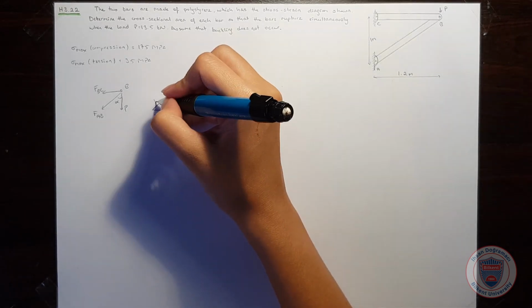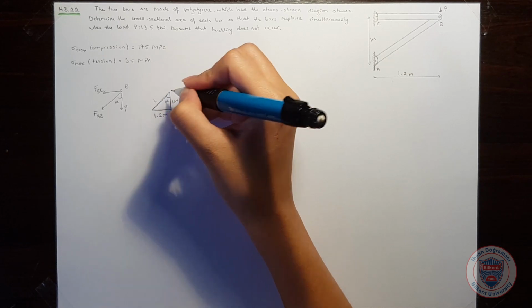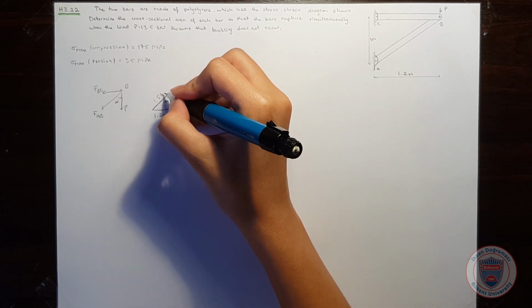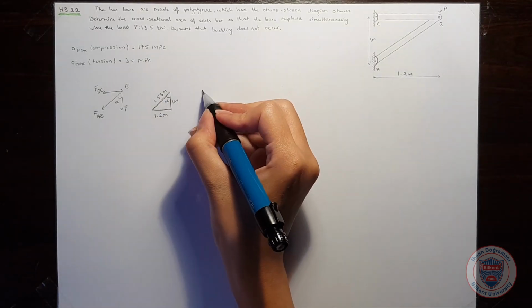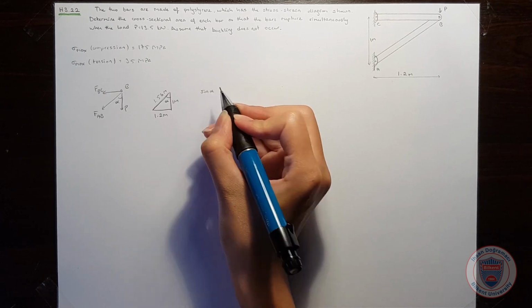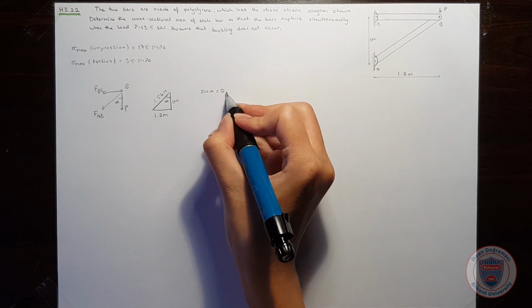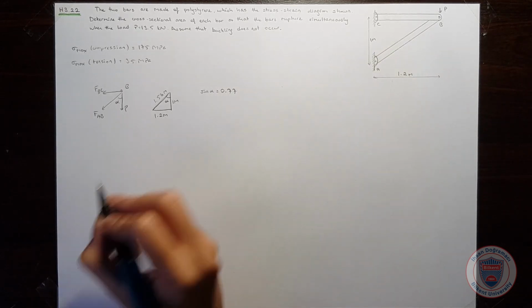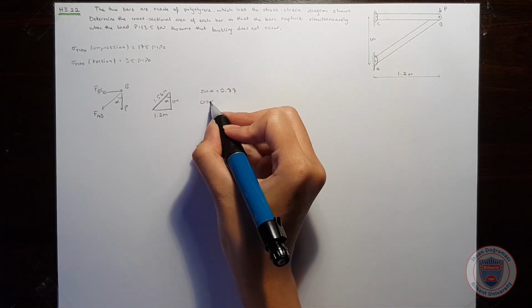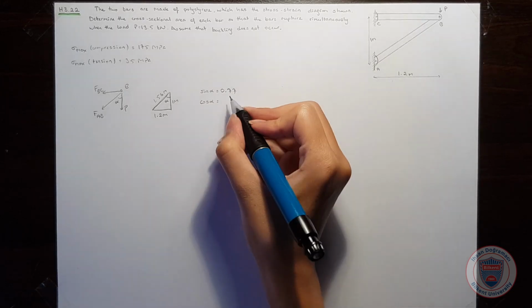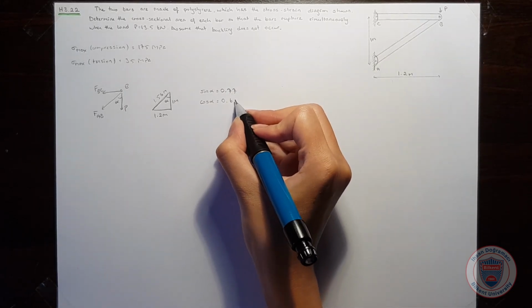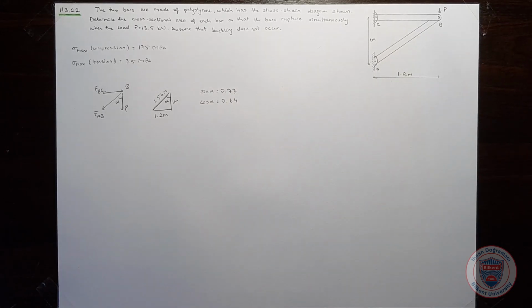So the hypotenuse becomes 1.56 meters. And we can say that sine alpha will be equal to 0.77. And similarly, cos alpha will be equal to 0.64.